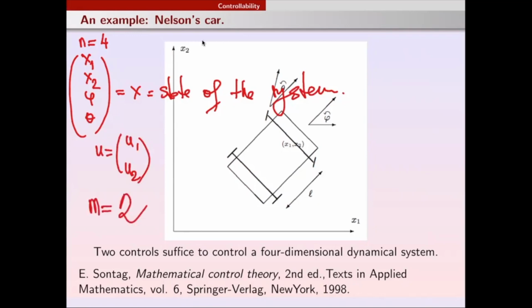So this is a typical situation where you see that the number of controls is less than the number of states. Despite this, I am able to drive the car. So the car is controllable. So you give me a car, if this is in a flat space, if there are no obstacles, then there is no problem. I can control the car. Of course, if you put too many obstacles, this happens in some parking places where there are many columns, and then it's very hard to park.